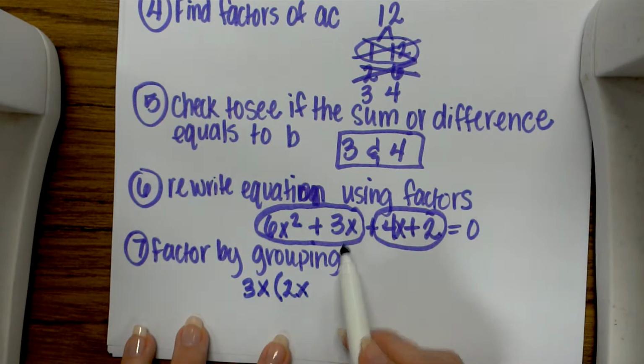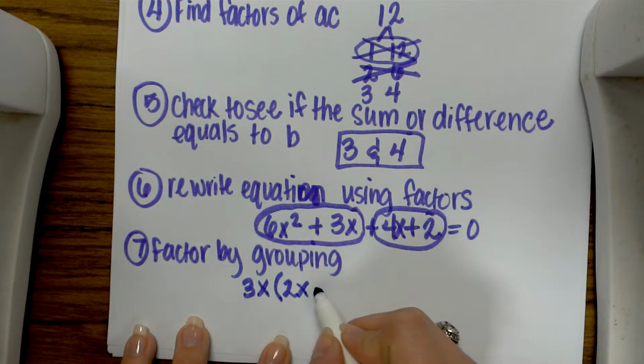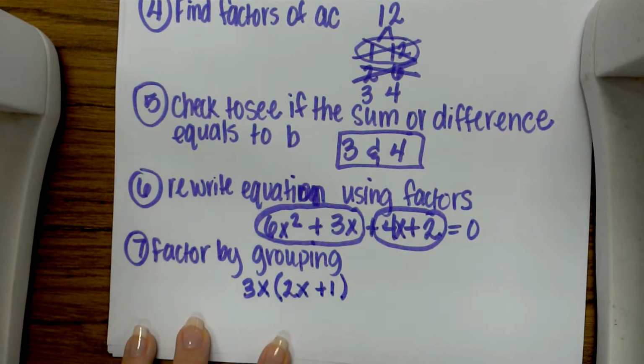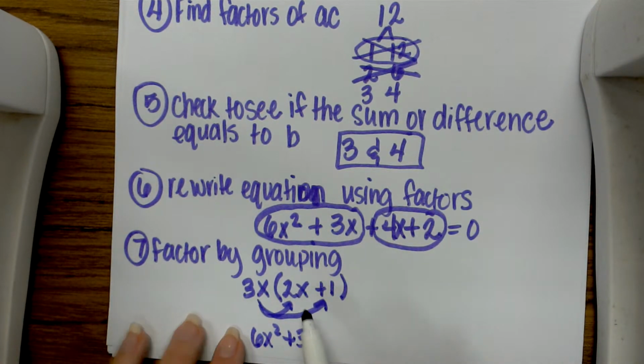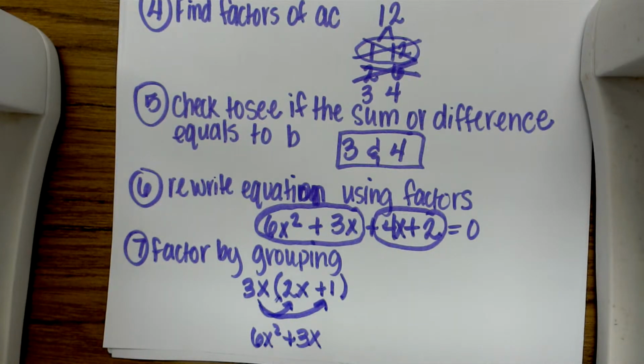And if I pull out a 3x from 3x, I'm left with a 1. So if I was to multiply this together, 3x times 2x, that would give me 6x squared. And if I were to multiply this to here, I would get plus 3x. That's exactly what we have up here. All I did was I factored out a 3x.